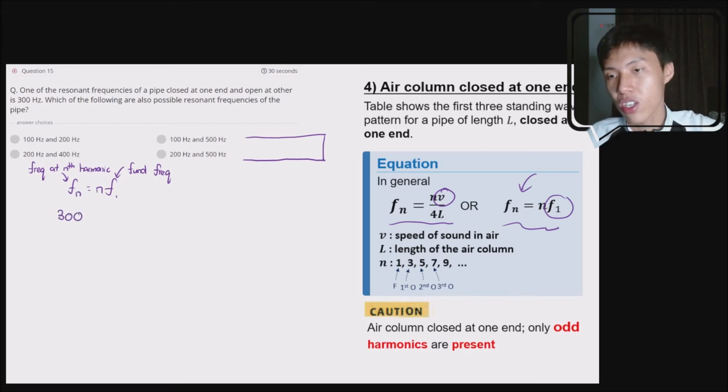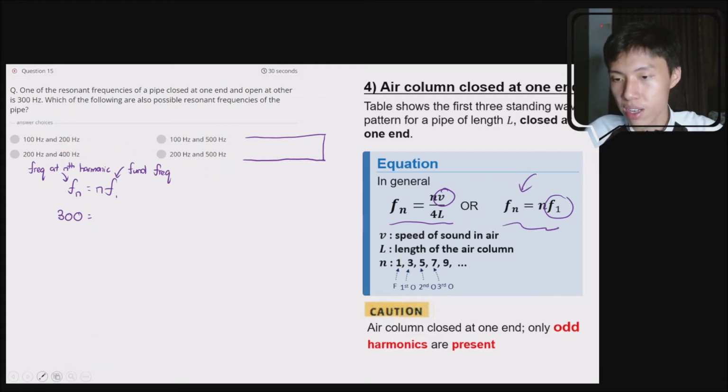So if 300 is one of the frequencies, then they ask which of the following are possible resonant frequencies. So we know that n over here can only be substituted with 1, 3, 5, 7, 9. So we have to look at all these values here to see whether we can construct Fn and f1. Then the n inside here must be either 1, 3, 5, 7, 9. Okay, so the frequencies given are 100, 200, 400, and 500.